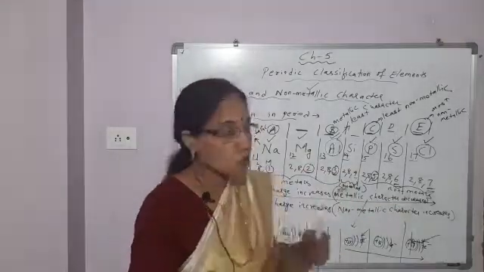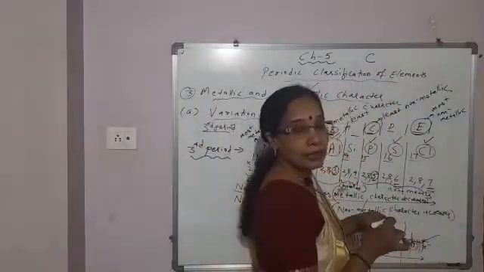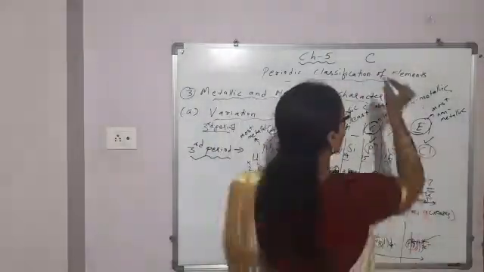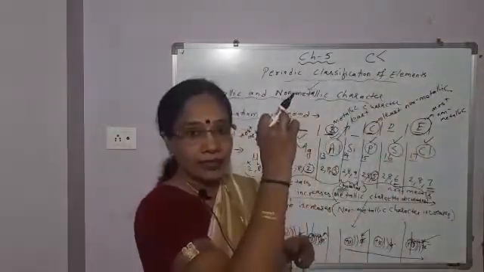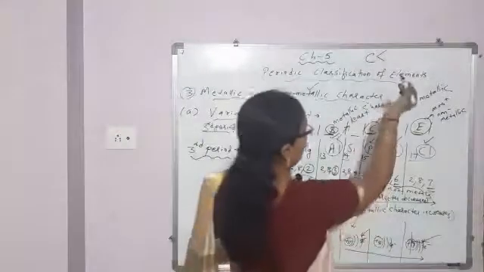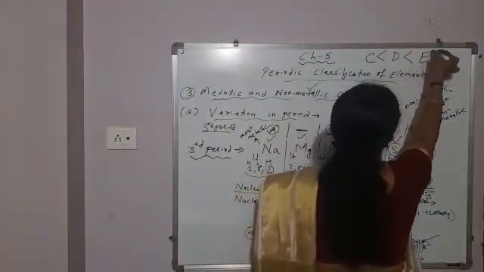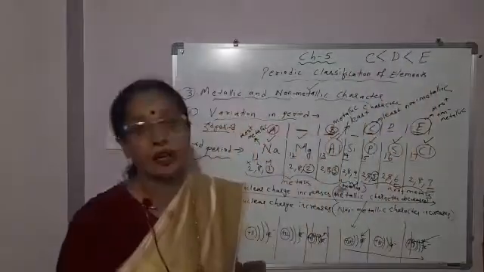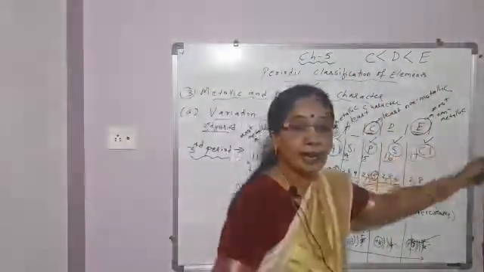So which is least non-metallic? C. So you will write C. Least non-metallic, so the sign should be close towards C. Okay, sign. Then after that D, and which is the most non-metallic? E. So this is the increasing order of non-metallic character of elements C, D and E.